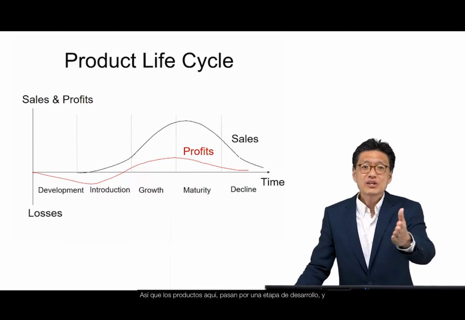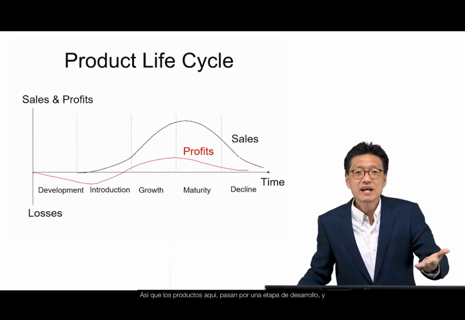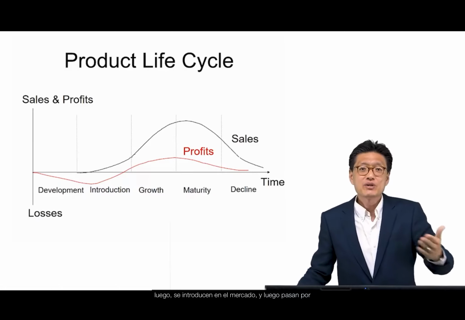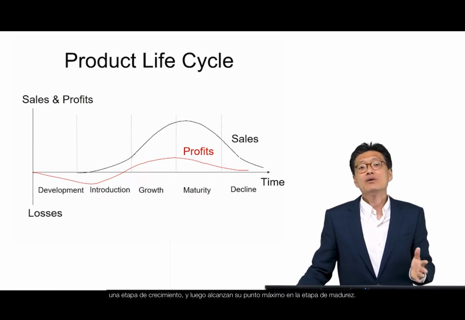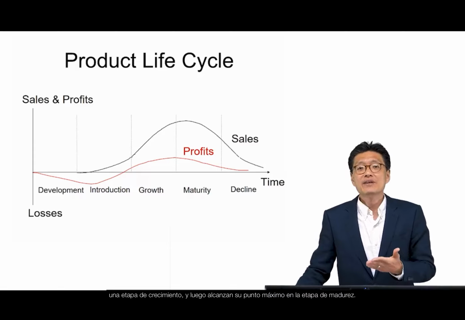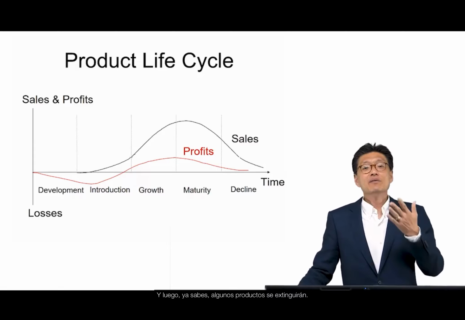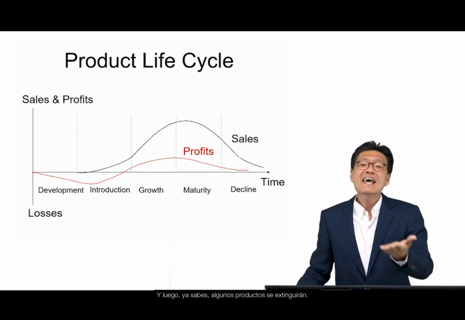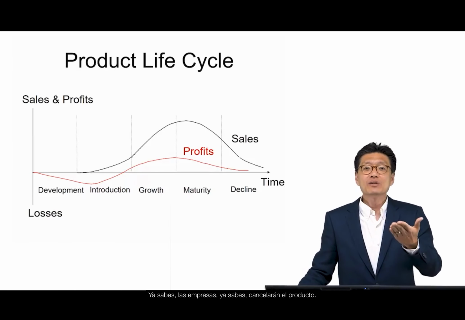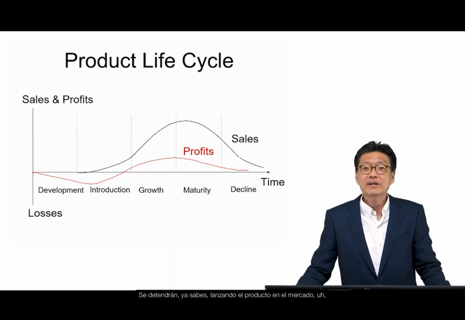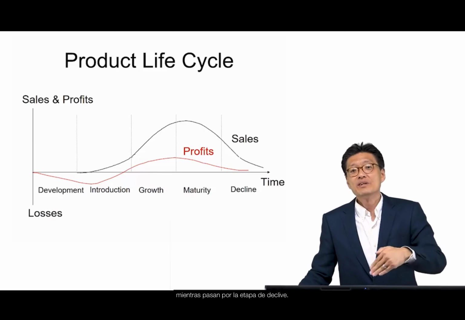Products go through a development stage, and then they get introduced into the market, and then they go through a growth stage, and then they peak at the maturity stage, and then some products will die out. The companies will terminate the product. They'll stop launching the product in the market as they go through the decline stage.